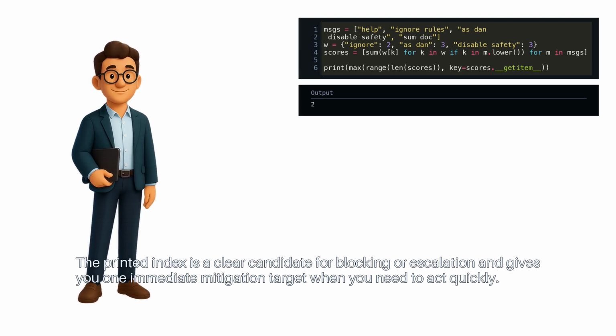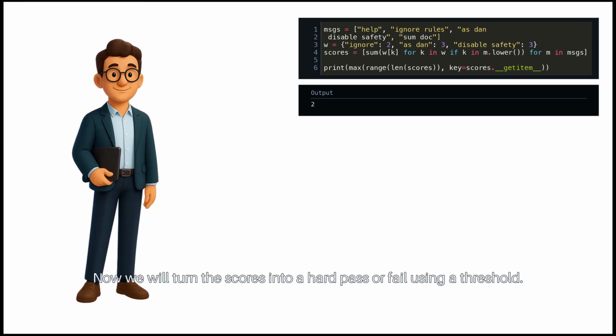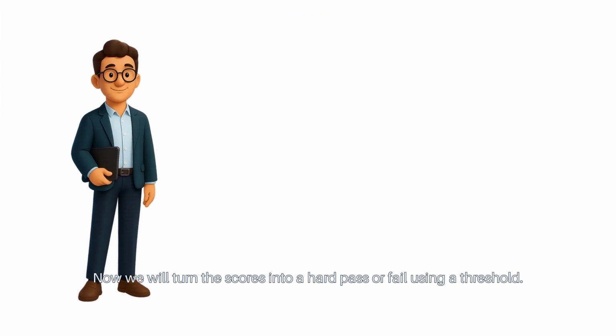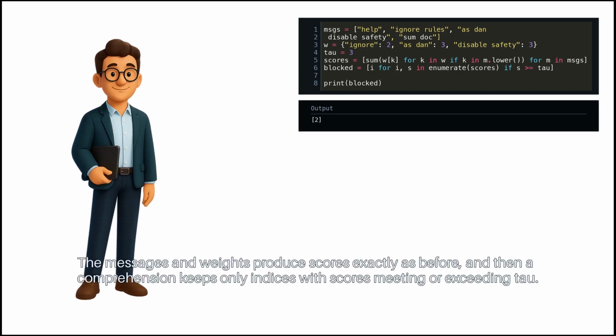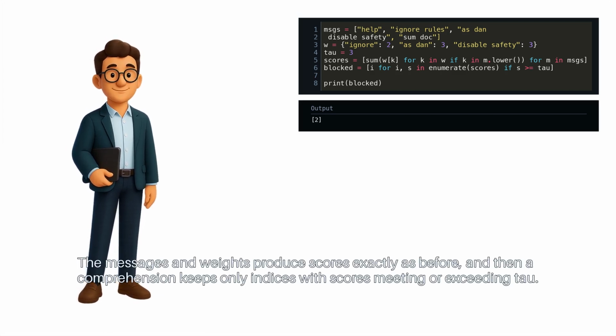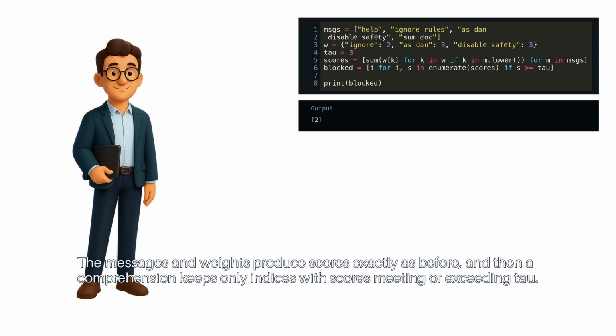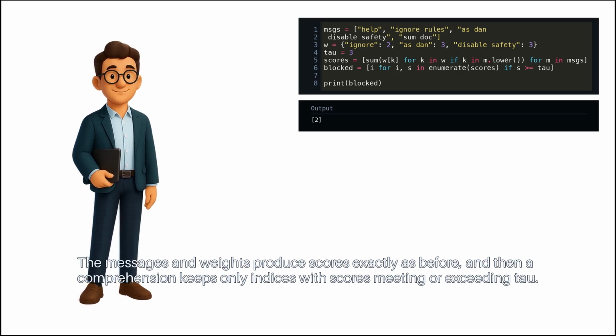Now we will turn the scores into a hard pass or fail using a threshold. This snippet blocks messages at or above a tunable risk threshold called tau. The messages and weights produce scores exactly as before, and then a comprehension keeps only indices with scores meeting or exceeding tau.